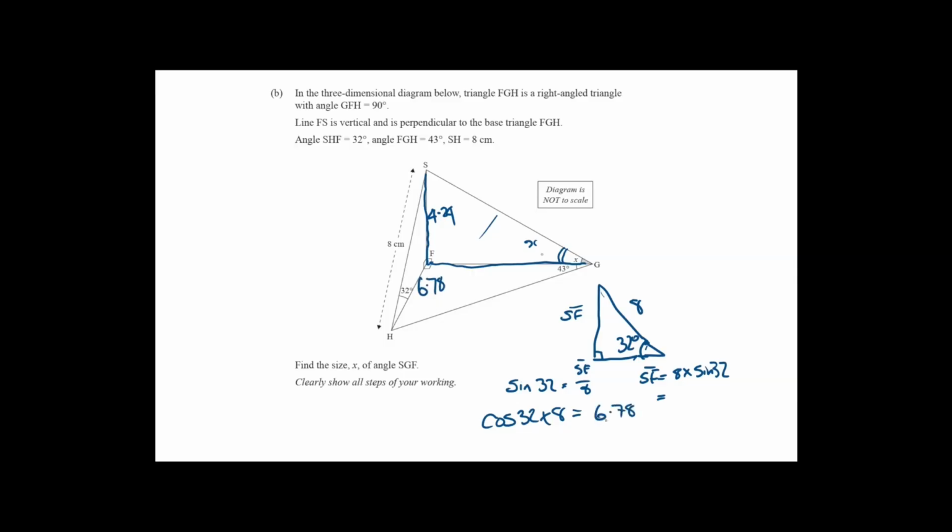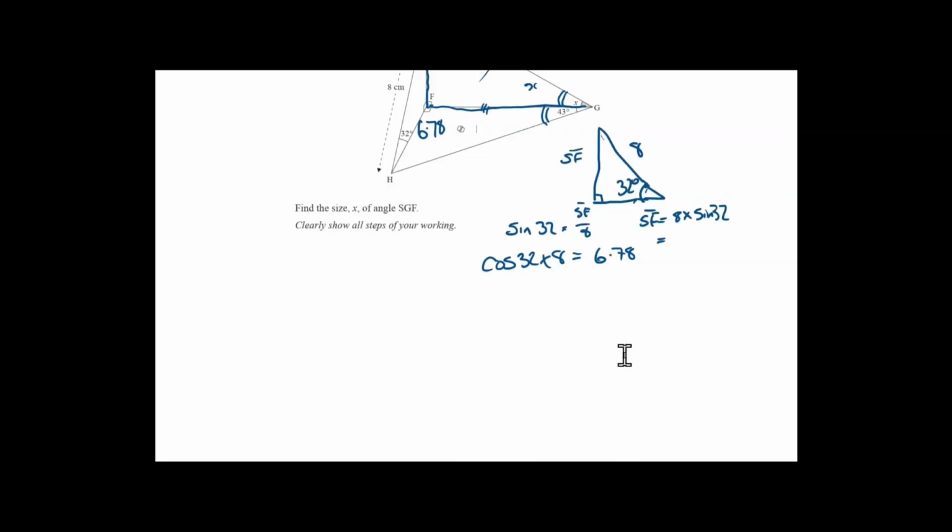6.78. Now we've got one of the sides, and we've got this angle here, which is 43. Now we can find this side here, which is FG. The angle is 43, and we are looking for the adjacent side. So we're going to use the tan.